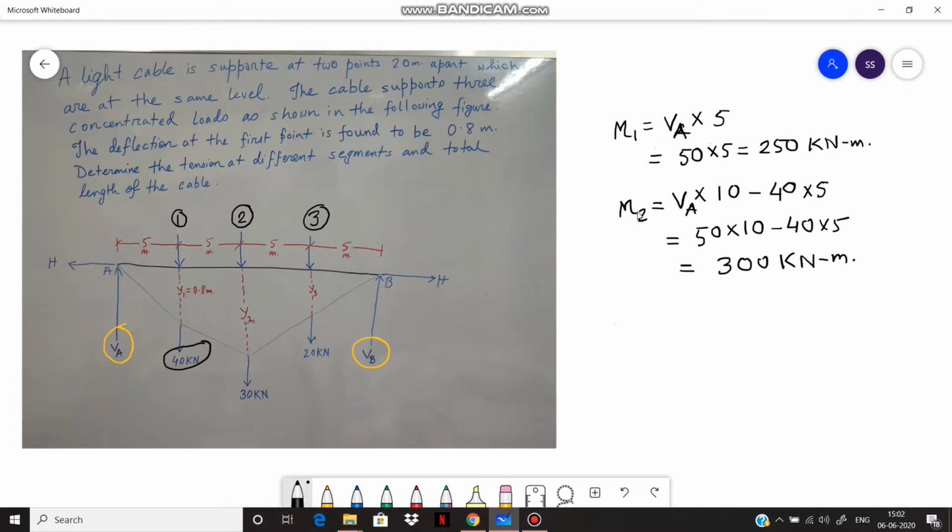Next, we have to calculate the moment about point 3, that is at this point. So how do we calculate?